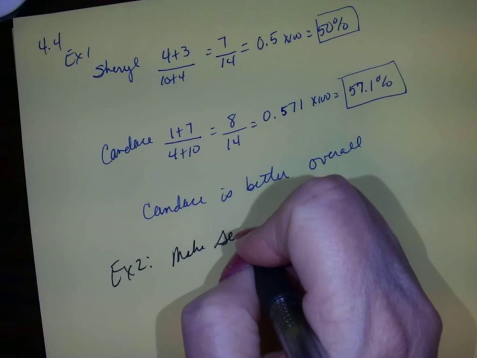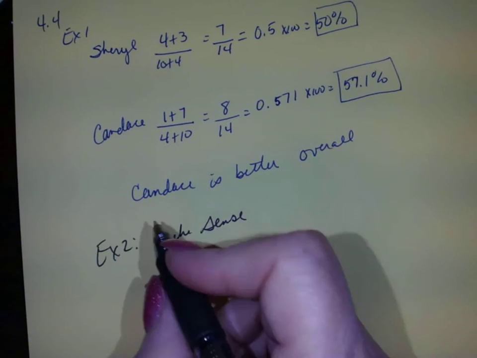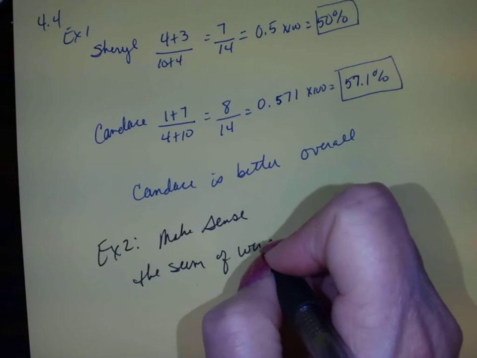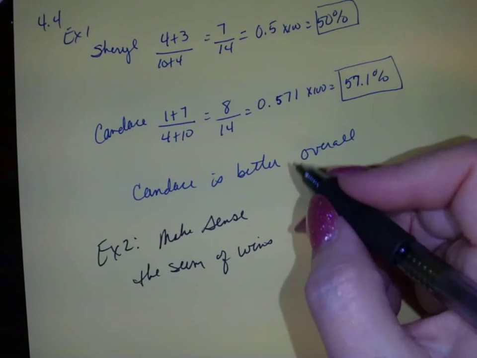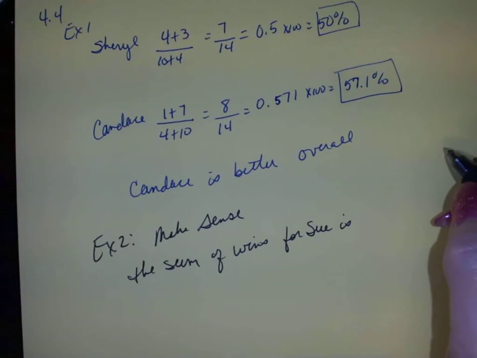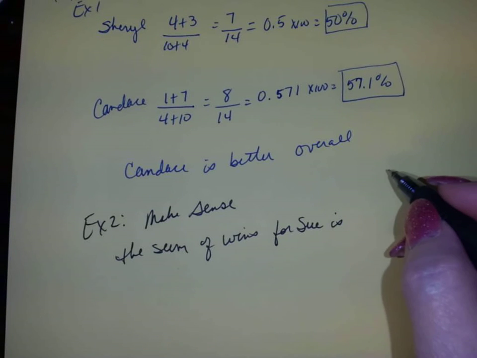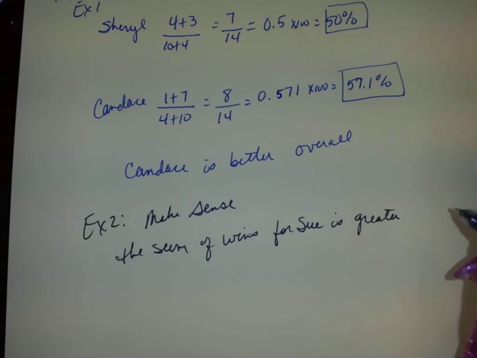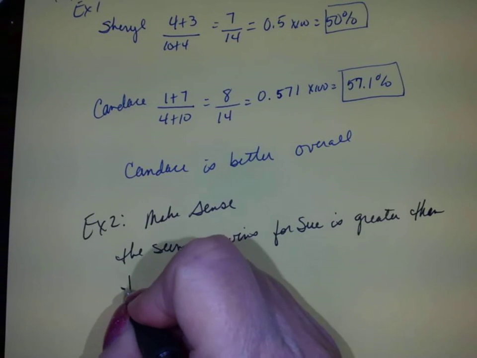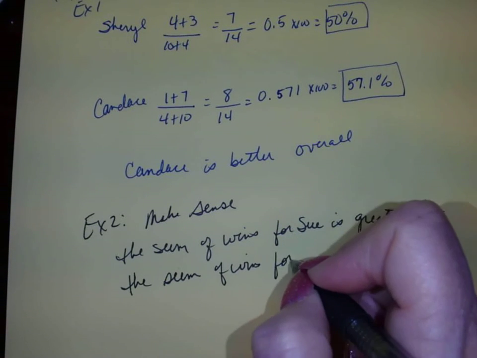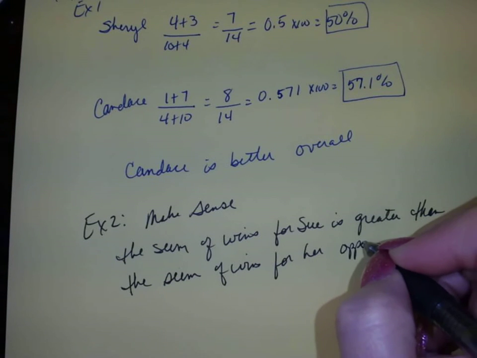So let's give that a little bit of wording. The sum of wins, because they're adding up the number of wins for Sue, is going to be greater than the sum of wins for her opponent.